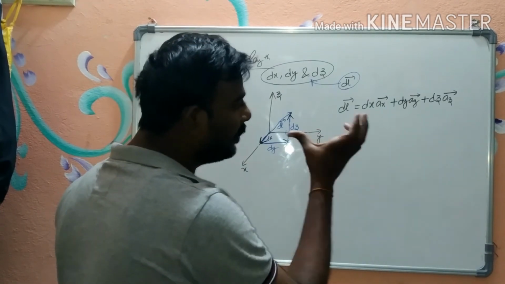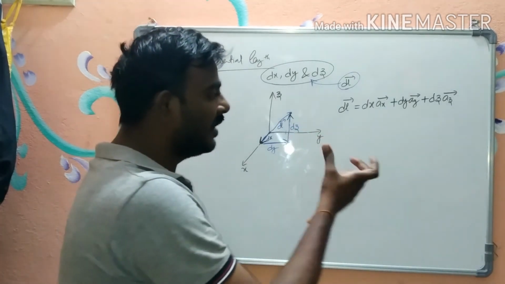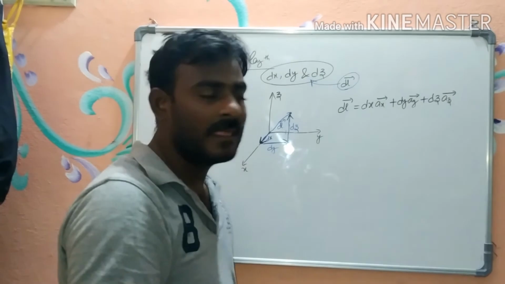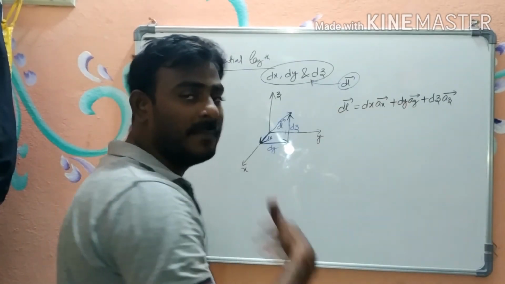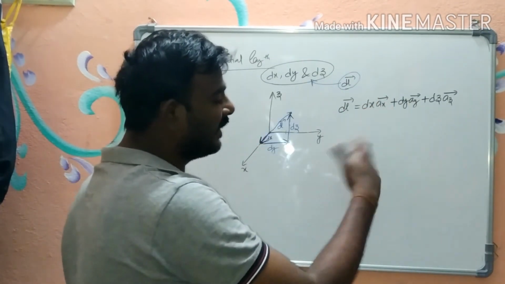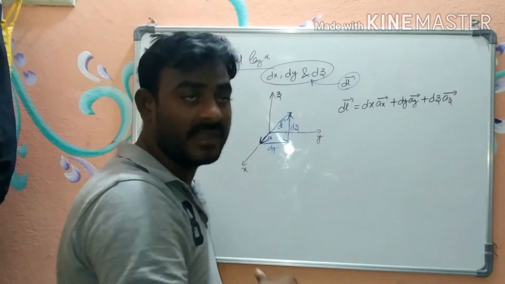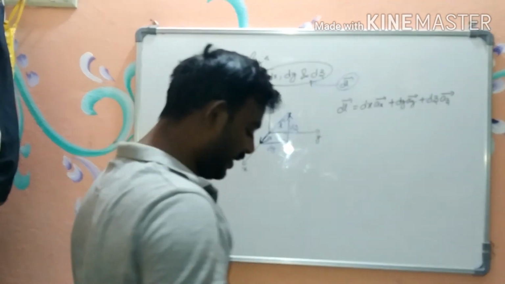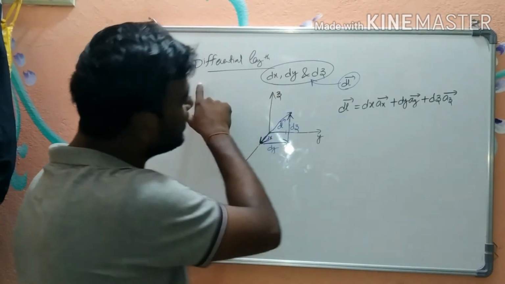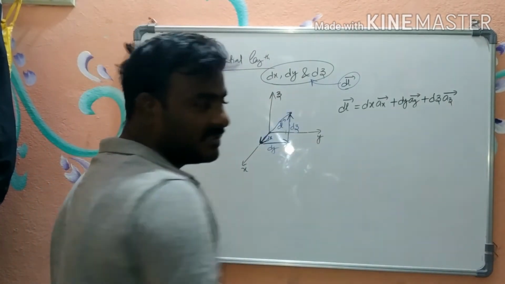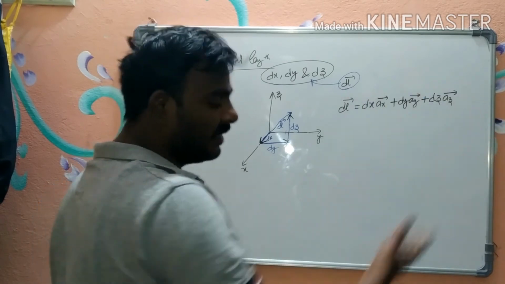It is very simple to understand and very simple to remember also. And this forms the basis to find the DL bar for the cylindrical system as well as for the spherical system. This is DL bar. This is nothing but the differential length in the Cartesian system, which contains all three directions.